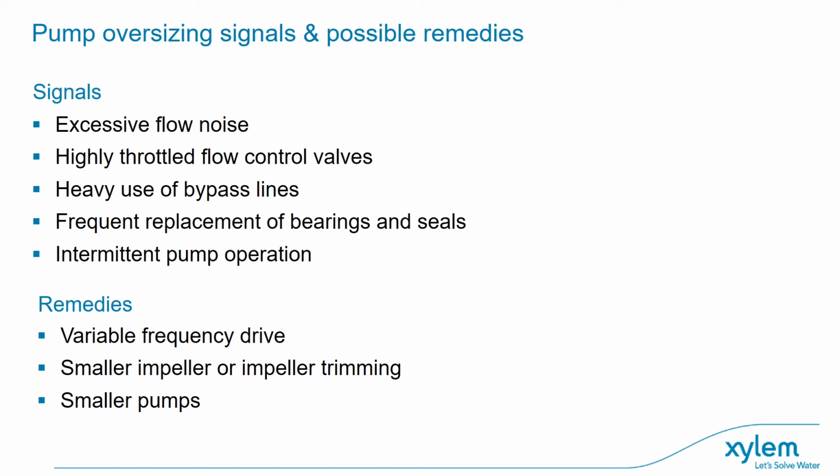A similar, not reversible action, which gives a curve parallel to but offset downwards from the full speed one, is reducing the diameter of the impeller itself.